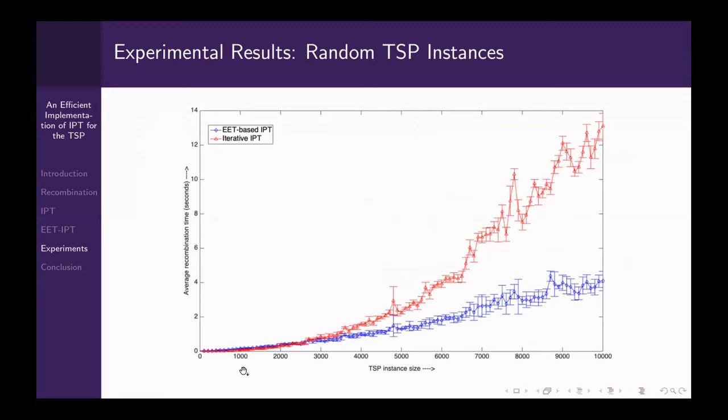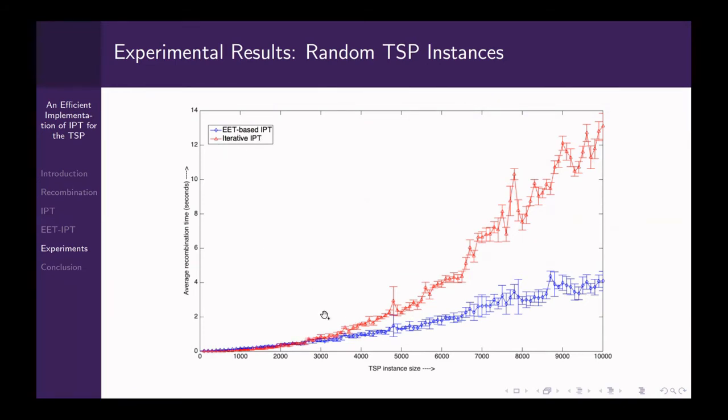We generated several random instances of different sizes, starting from 100 to 10,000. For each instance, we repeated the recombination several times, and this is the average recombination time for these two algorithms.